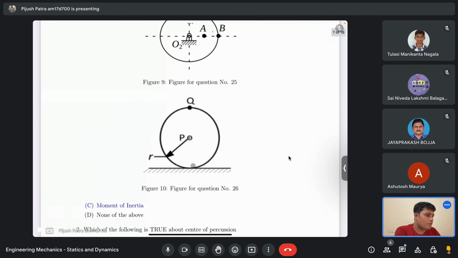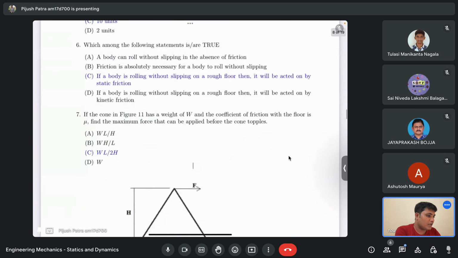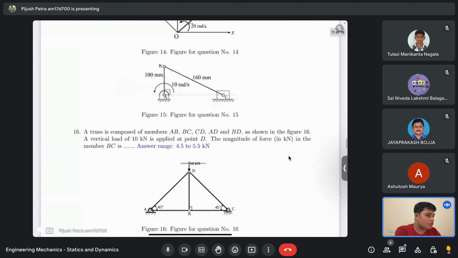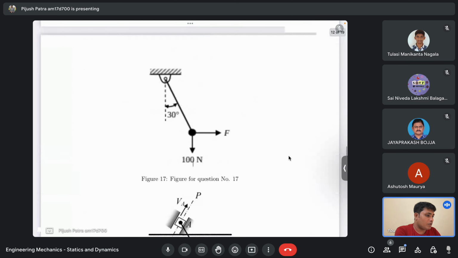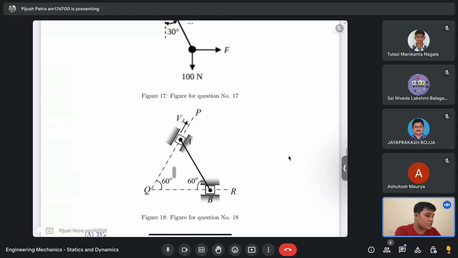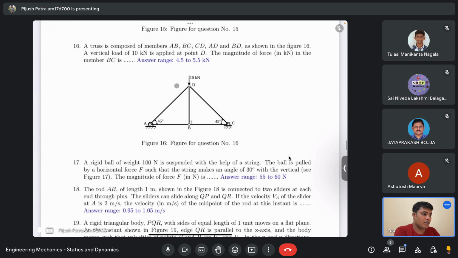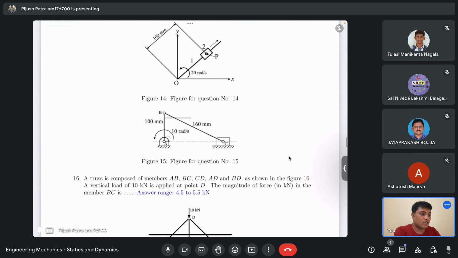These types of problems will be there in your end semester. I solved this type of problem in the last class, where the velocity was in the other direction. I also solved something like this in the second or third class, and someone asked about the crank IC engine problem.